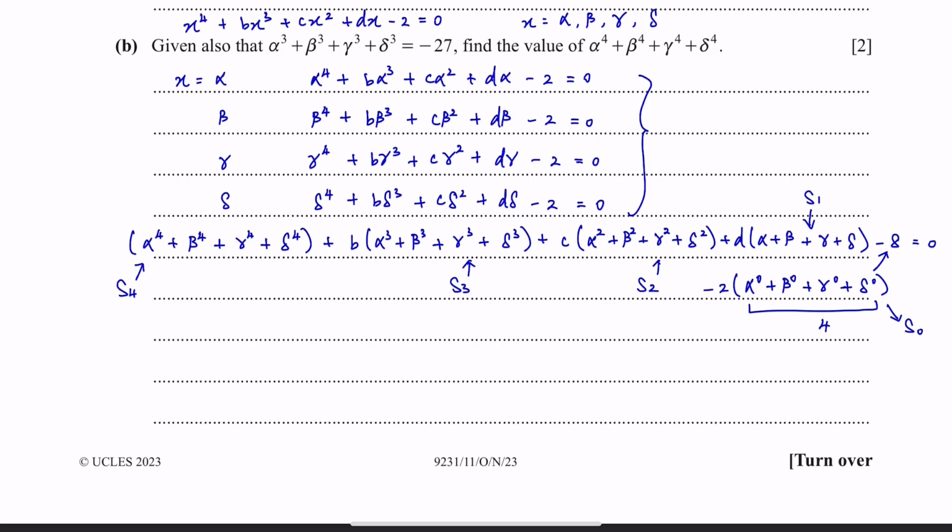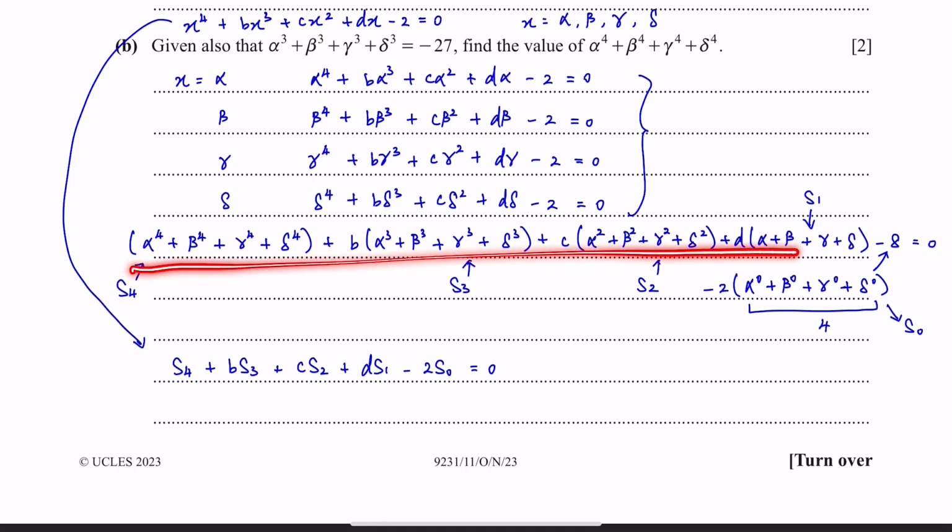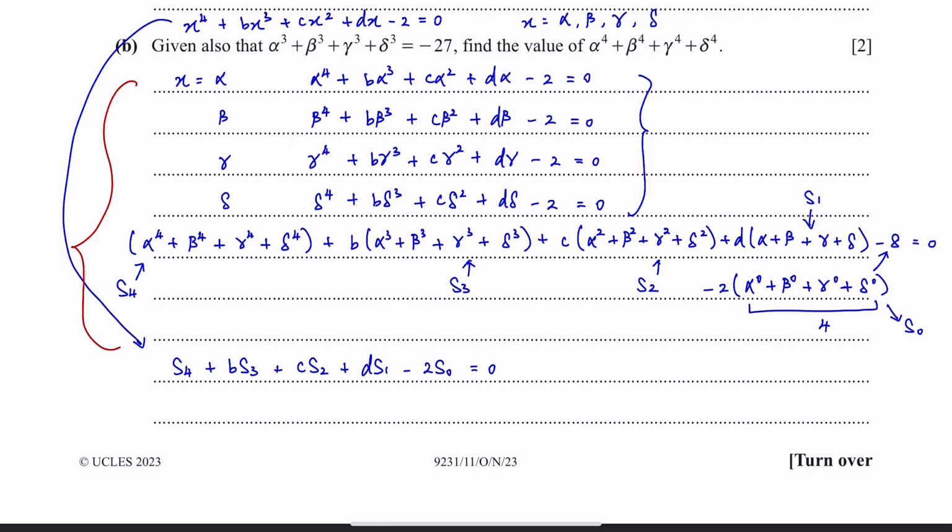So we can just put this in the equation: S4 plus B S3 plus C S2 plus D S1 minus 2 S0 equals to 0. Because this is basically this in some sense. During the exam, you don't have to prove this whole thing. I'm just showing you why you can use this equation to write it in this form.